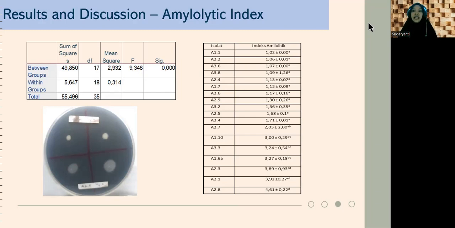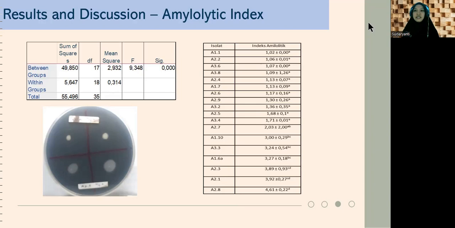The data was then tested by Duncan test with a significance level of 5% to determine which bacterial isolate has the highest amylolytic index value. From the table, we can see that the isolate with the highest amylolytic index was A2.8.